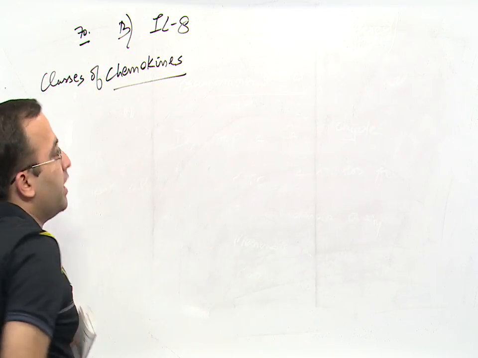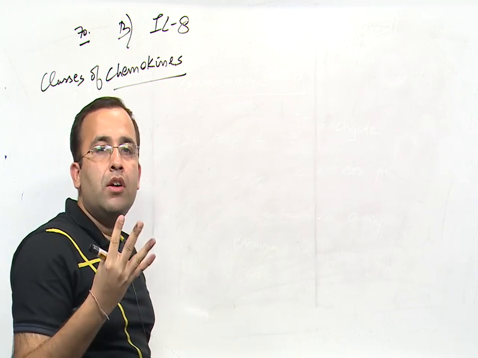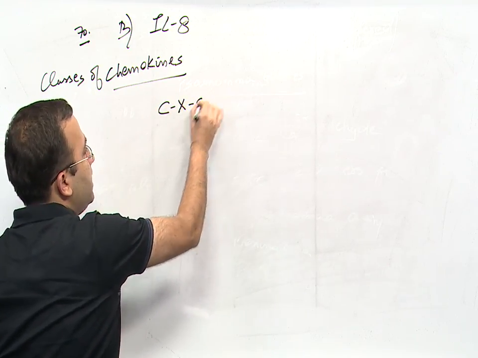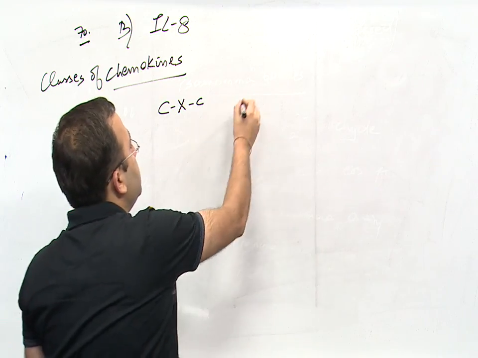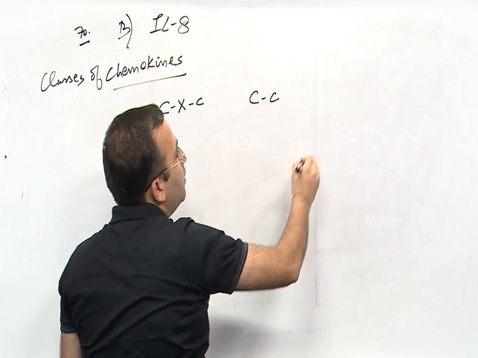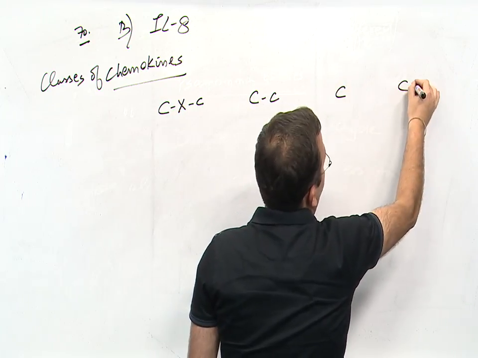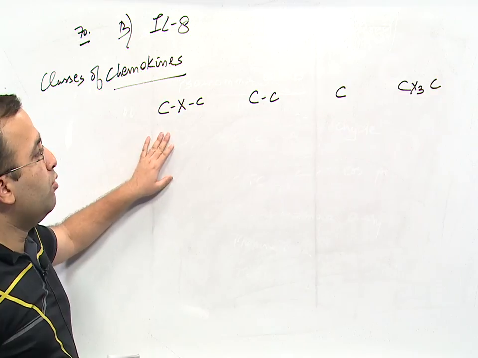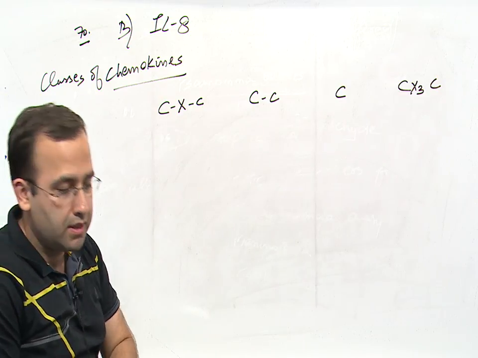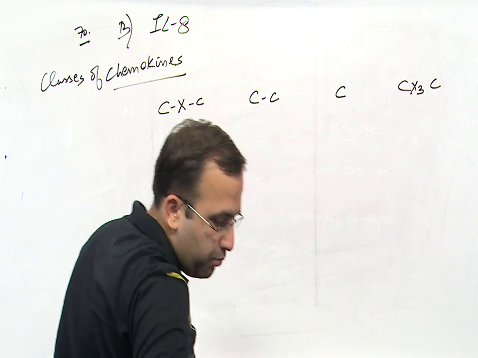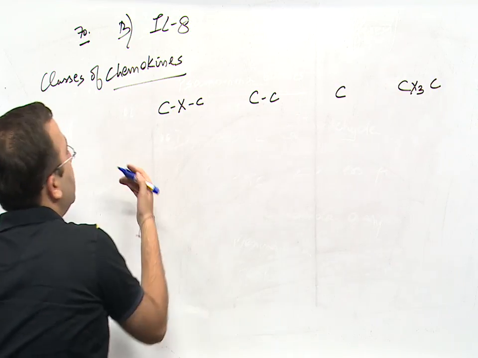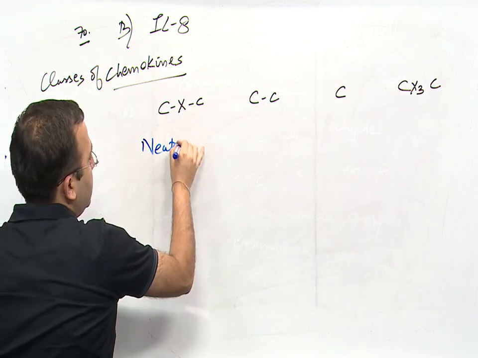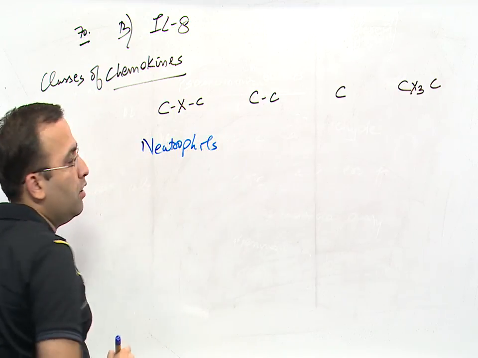There are 4 classes of chemokines, which are CXC, CC, C, and CX3C. Coming to the most important point, what are they chemotactic for? First, CXC, it is chemotactic for neutrophils.